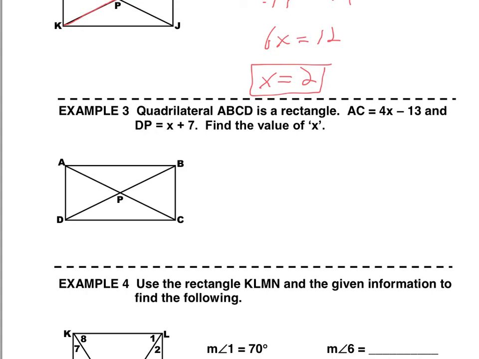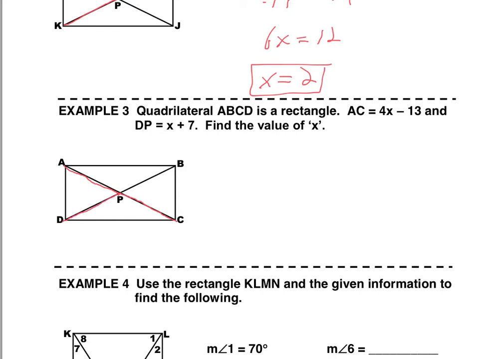In example 3, they tell us again that quadrilateral ABCD is a rectangle. That's good to know. All 7 properties from the first page are true for this shape. They tell us that AC, okay, that's this whole diagonal right here, is 4x minus 13, and that DP is x plus 7.